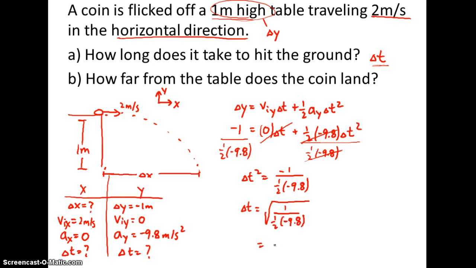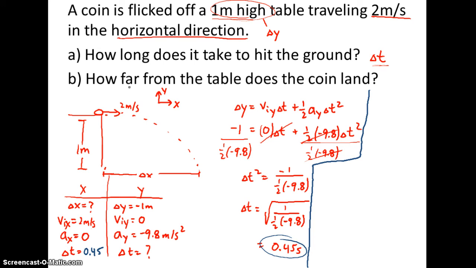And you put that in your calculator and you get 0.45 seconds. So we found our answer for A, 0.45 seconds. So we can put that in here. Now we know our time is 0.45 seconds.